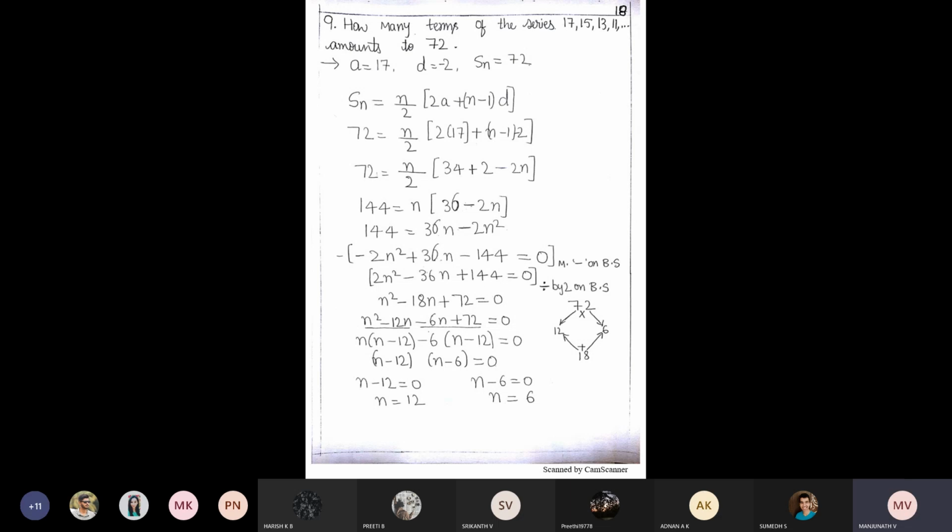N square minus 18n plus 72 is equal to 0. Have you understood till this step? No doubts, Moksha? No doubt, sir. Srikanth, have you understood it?